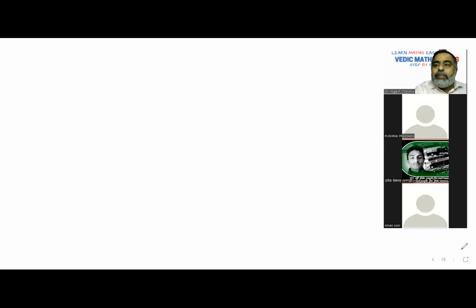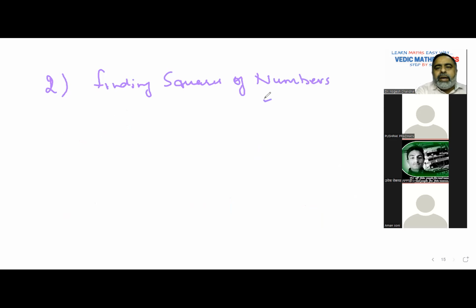Now let's do some mental calculation, finding the squares. Let's take an example. Second technique, finding squares of numbers ending with 5.